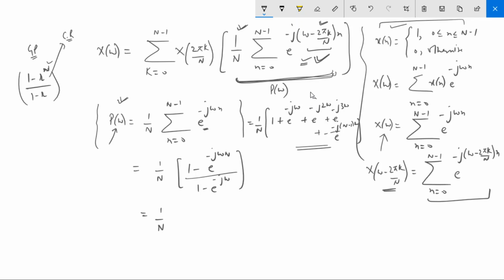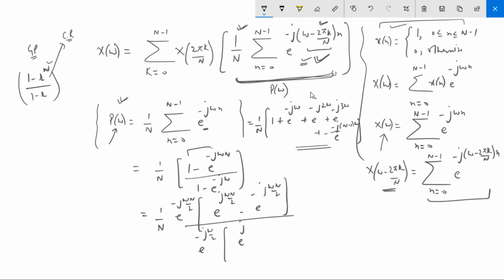I can take it as 1 by N. From the numerator, if I take e raised to power minus j omega N by 2 as common factor, you will get e raised to power j omega N by 2 minus e raised to power minus j omega N by 2. Similarly in the denominator, if you take e raised to power minus j omega by 2 as common, you will get e raised to power j omega by 2 minus e raised to power minus j omega by 2.